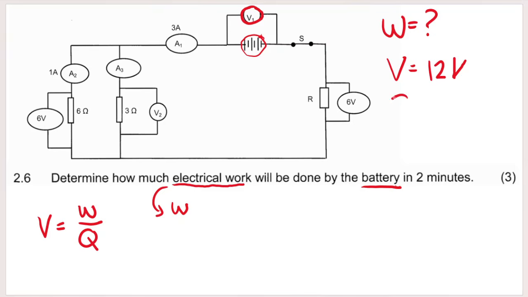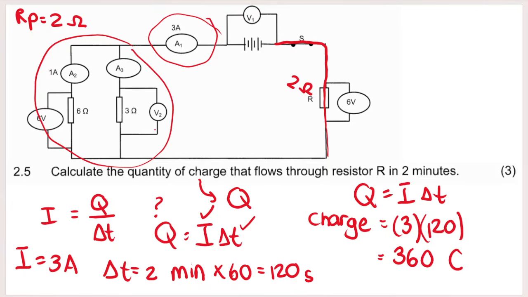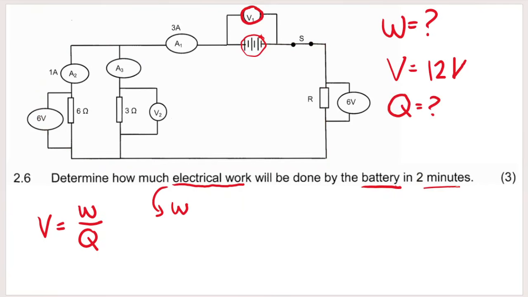Do I have the charge? Now, remember in the previous question, we worked out the charge that flows through the resistor in 2 minutes. But think about what I use to work out charge that flows through the resistor. I use current, and the current that flows through the resistor is the same as the current that flows through the battery. And the time in the previous question was 2 minutes, same thing as the time for this question.